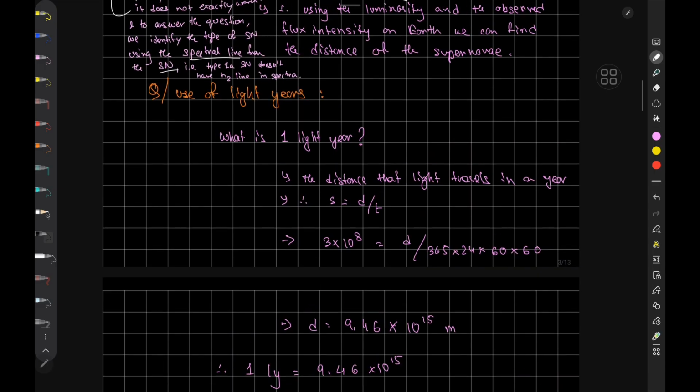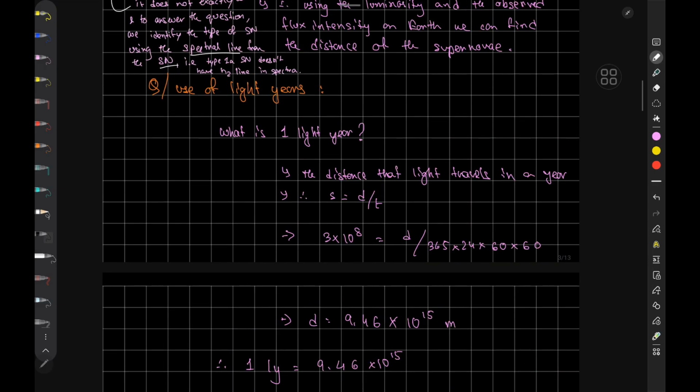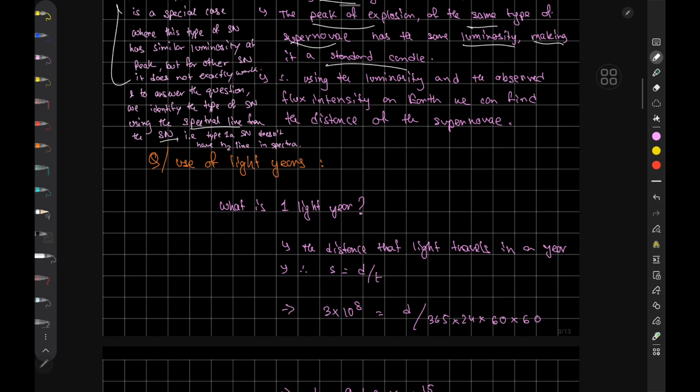Hopefully it does. Now we're going to learn about something else. We're going to learn about the use of light years itself. So, the concept of light years, right? Light year is a unit of time.